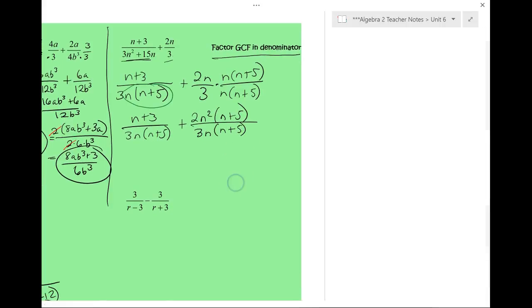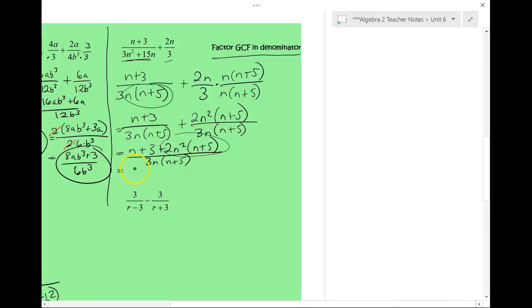Now I'm going to combine the top, or add the numerators, plus 2n squared times n plus 5 all over 3n times n plus 5. And I'm also going to go ahead and multiply this here so that I can combine everything and see if I can find some like terms.